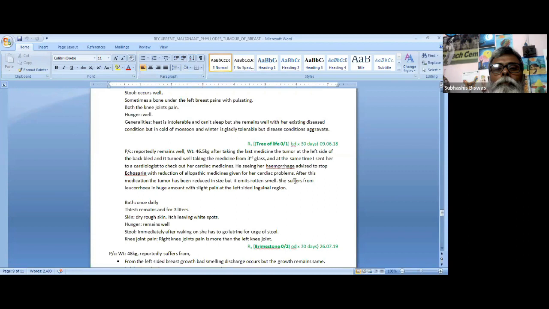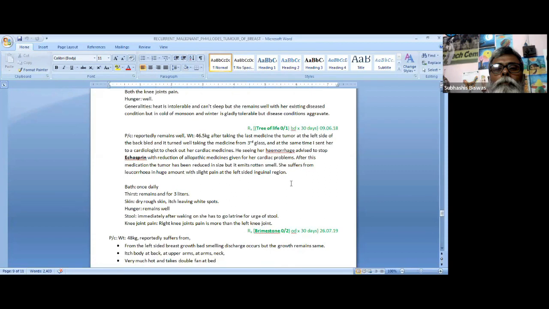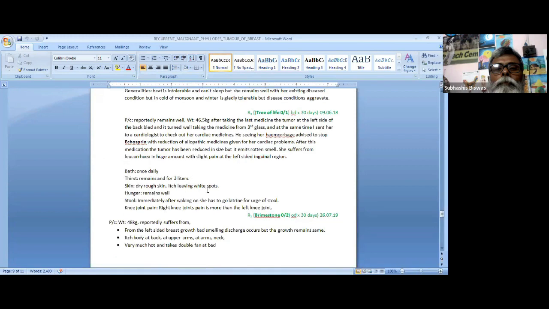She suffers from leukorrhea in huge amount with slight pain at the left-sided inguinal region. Once daily she remains and for 3 liters. Her first discharge, which was very little, has now increased to 3 liters. Dry skin, leaving white spots.